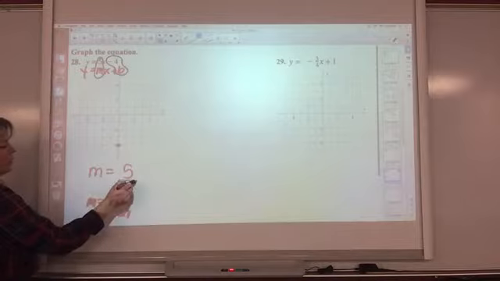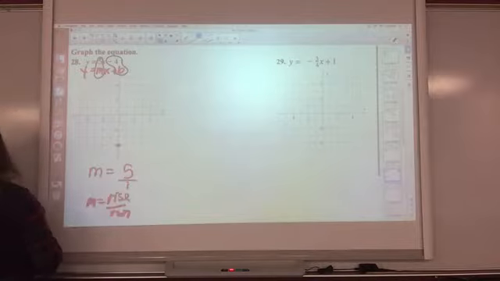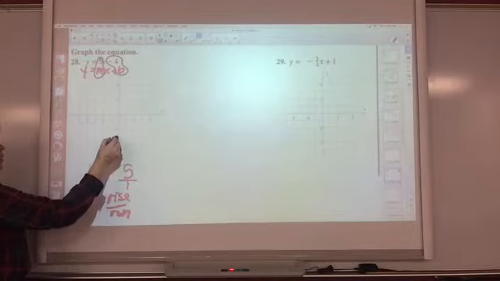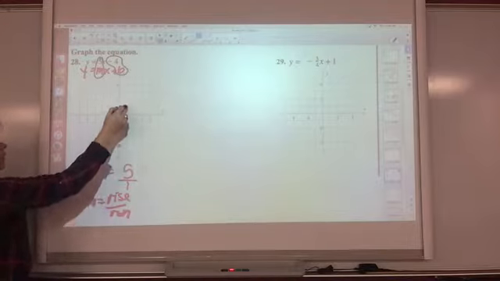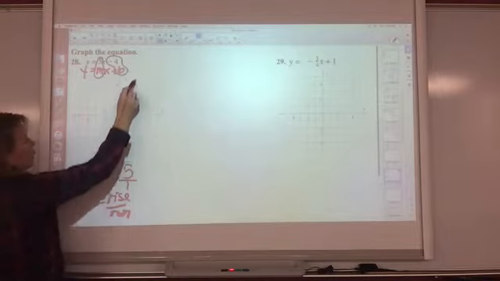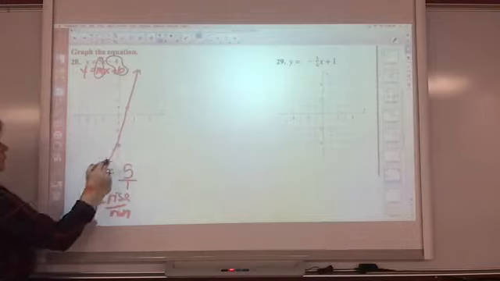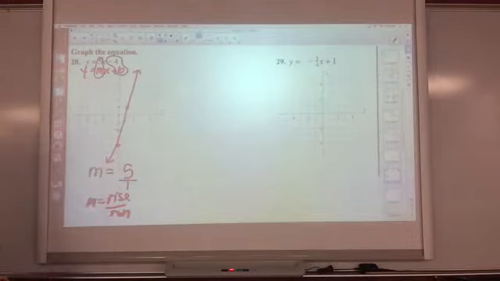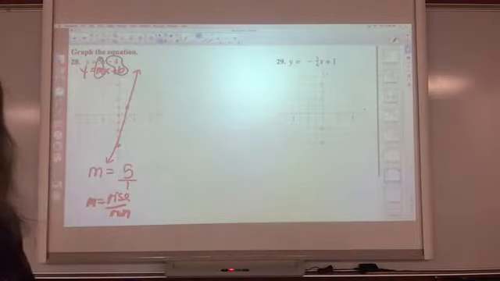We don't have a run, so put it over 1. From your base, from your y-intercept, go up 1, 2, 3, 4, 5, and to the right 1, and draw your line. And don't just play dot to dot. Extend your line through your points. Show that it goes infinitely.